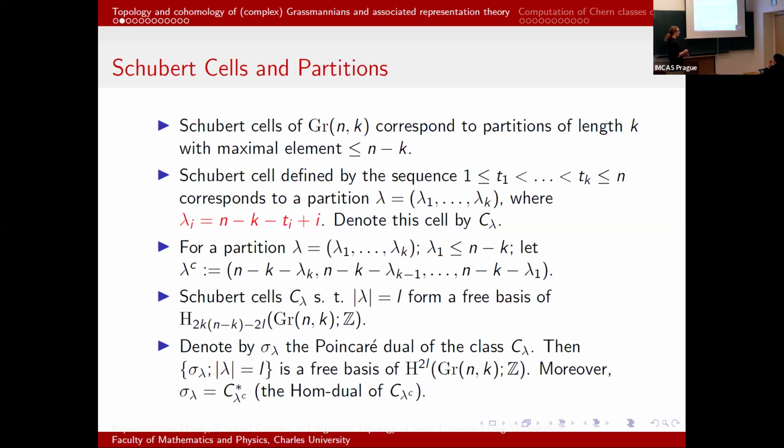So it's even dimensional homology. With this CW structure, the Grassmannian has no cells of odd dimensions, hence all the homologies and cohomologies are free abelian groups.